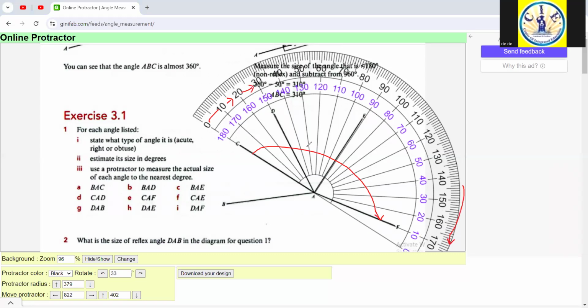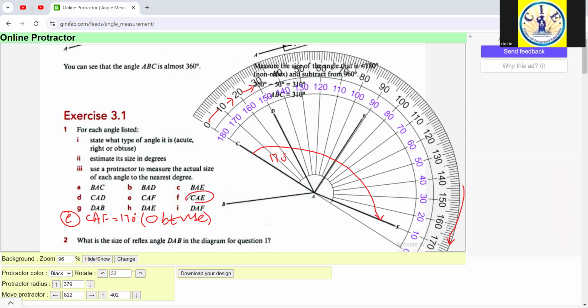This is 170 degrees. So CAF in part E is 170, which is an obtuse angle, greater than 90 but lesser than 180 degrees.